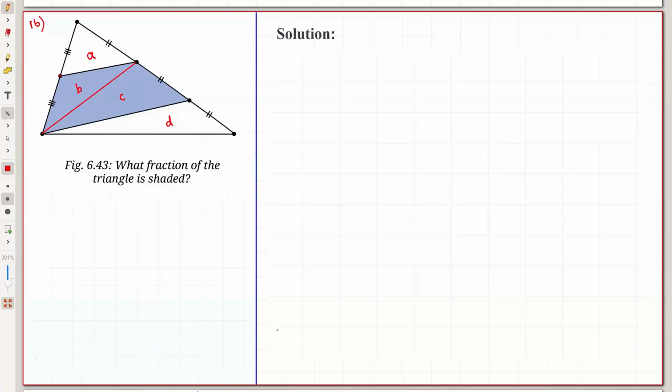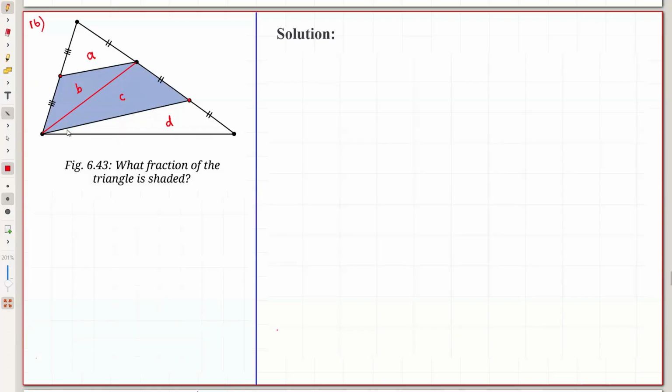If a line joins a vertex to the midpoint, I can say this is the median. So we know that a median divides the triangle into two equal halves. That means area of A is equal to area of B. Next, if you are taking this triangle, these two lengths are equal.